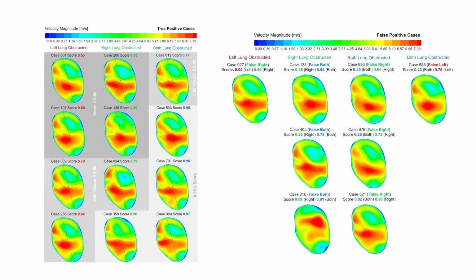To address this question, we visualized velocity contours in cases with different obstruction locations. As you may see, using human eyes, it is really hard to directly tell the pattern shifts for different lung obstruction locations. So that gives us a hint that deep learning algorithms are necessary to achieve such early obstruction detection.